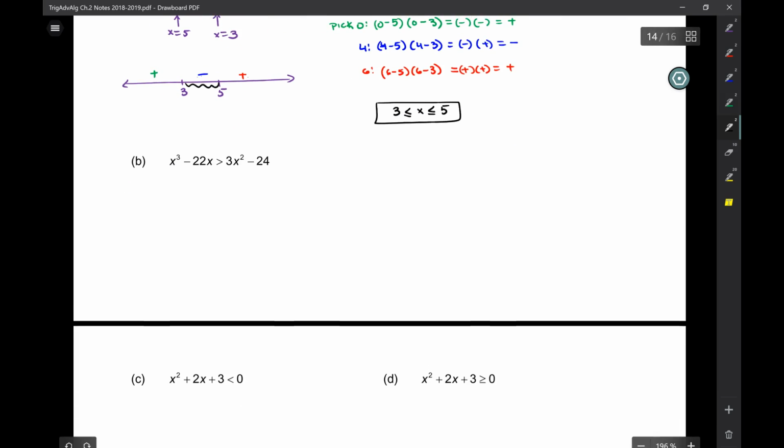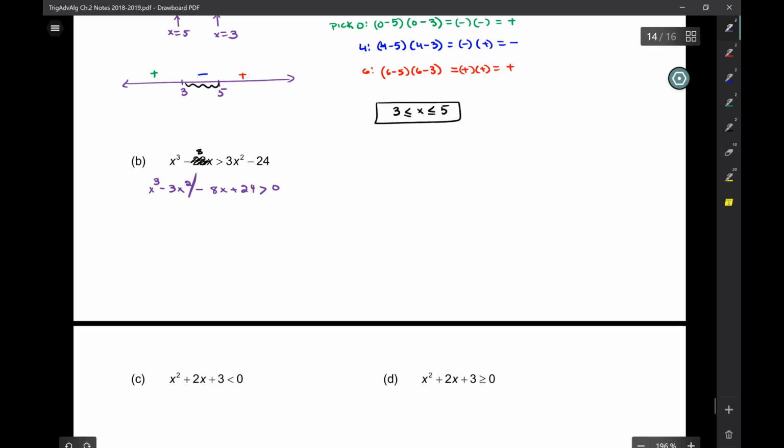Let's do this one. And here, in order to make the math easier, I actually change this to 8. So I'm going to bring everything to the same side again. And that's going to be x cubed minus 3x squared minus 8x plus 24 greater than 0. This is a cubic with 4 terms. I can factor it by grouping.